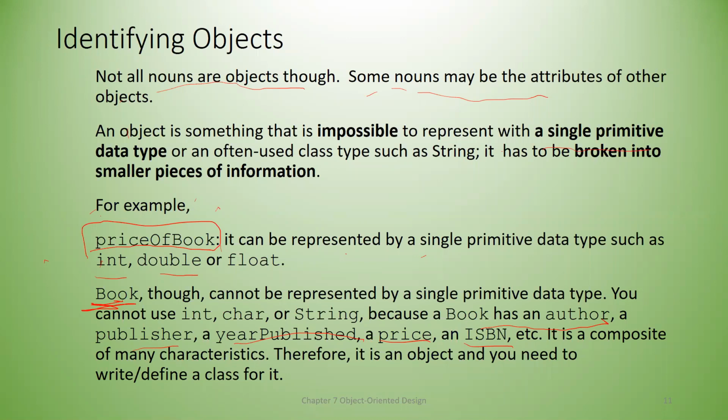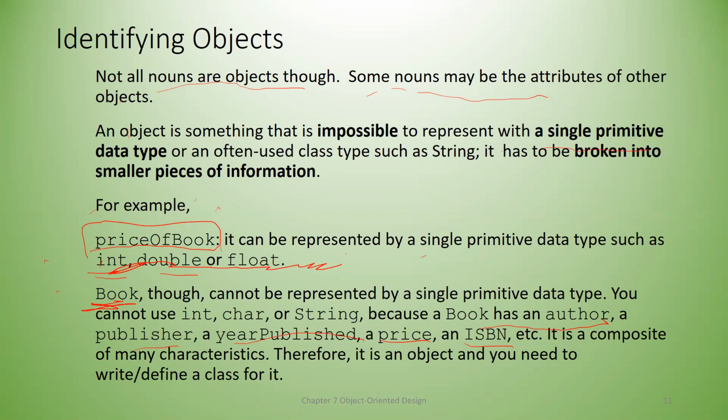A book is composed of all those attributes. So a book is a complex thing. It's an object. It has many attributes. You cannot represent it with a single primitive data type like these. Therefore, a book is an object. You cannot use a single data type to represent it. You have to create an object. Does that make sense, everybody?